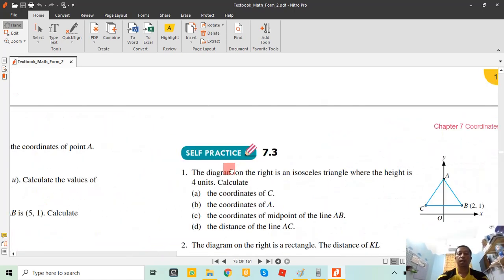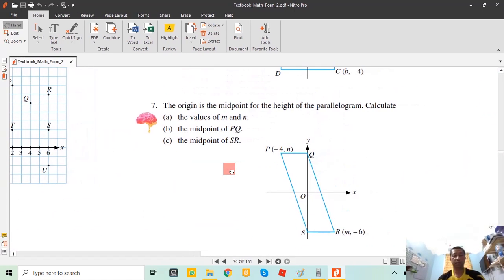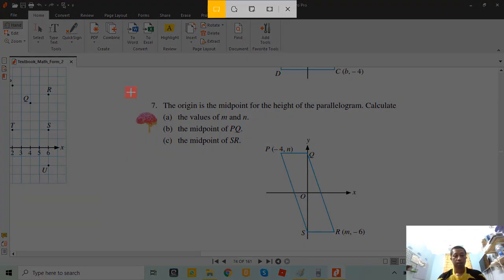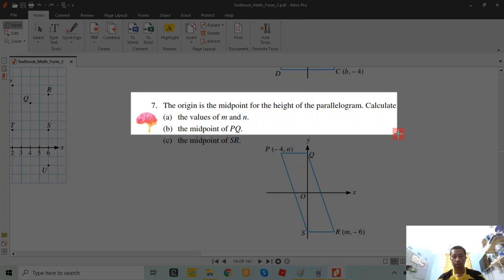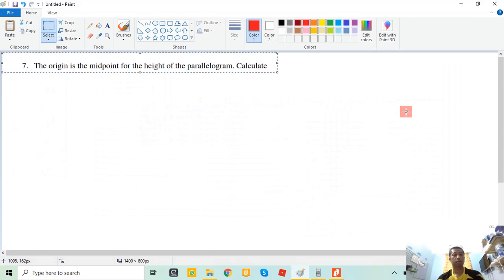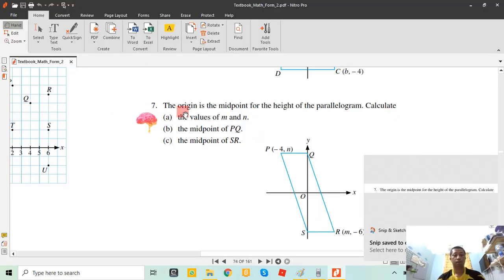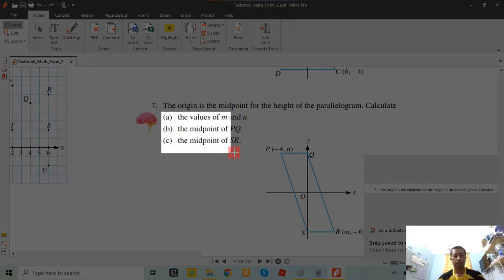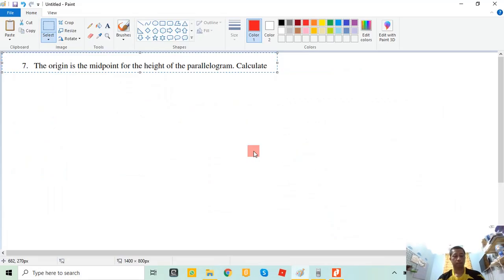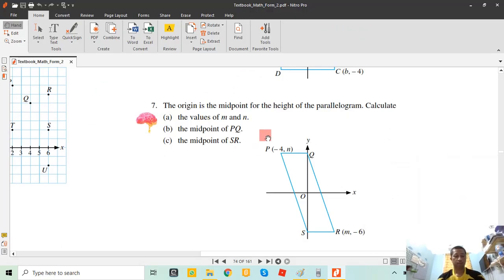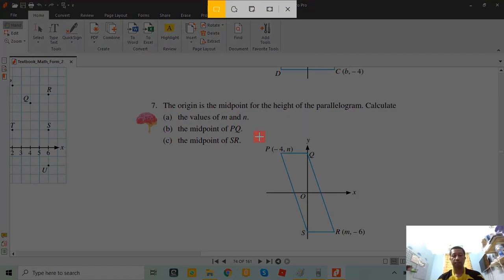Okay, now we go to question number 7, and then the diagram.